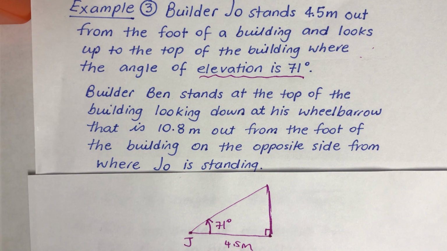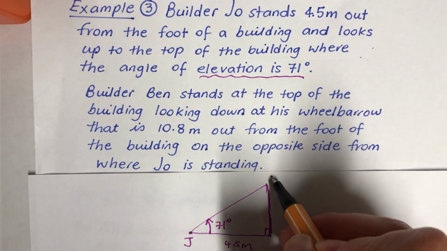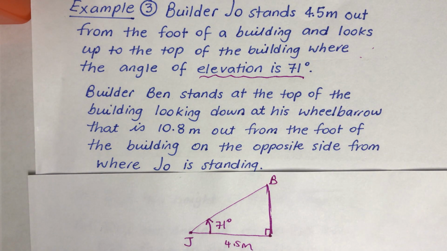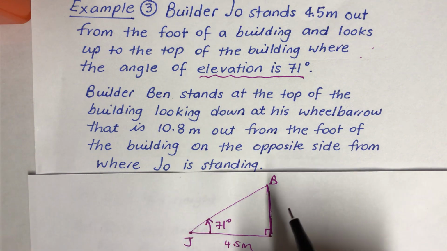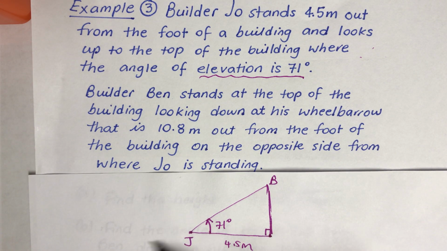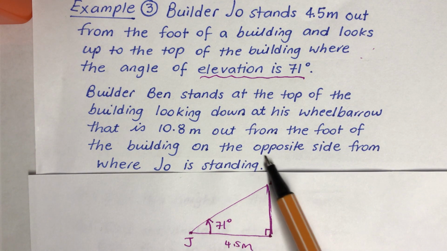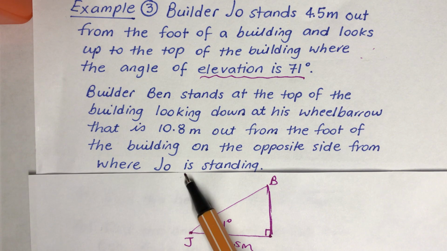Okay, we've got one of the builders. Let's have a look at the second builder. Now, Ben is on top of the building, looking down at his wheelbarrow. We don't know where the wheelbarrow might be, but the important part is it says here, opposite side from where Joe is standing.